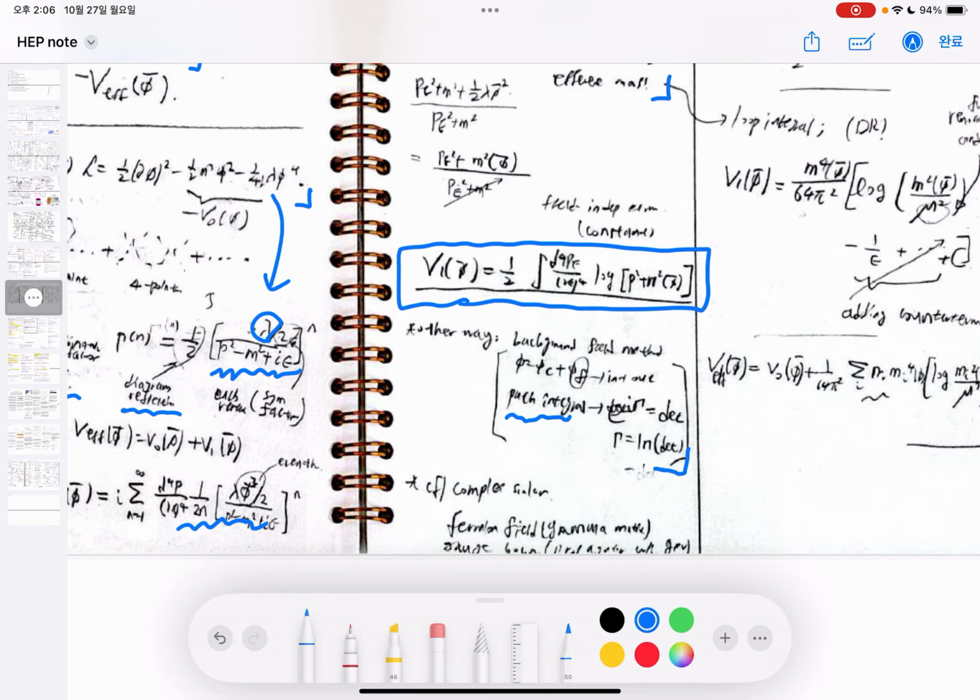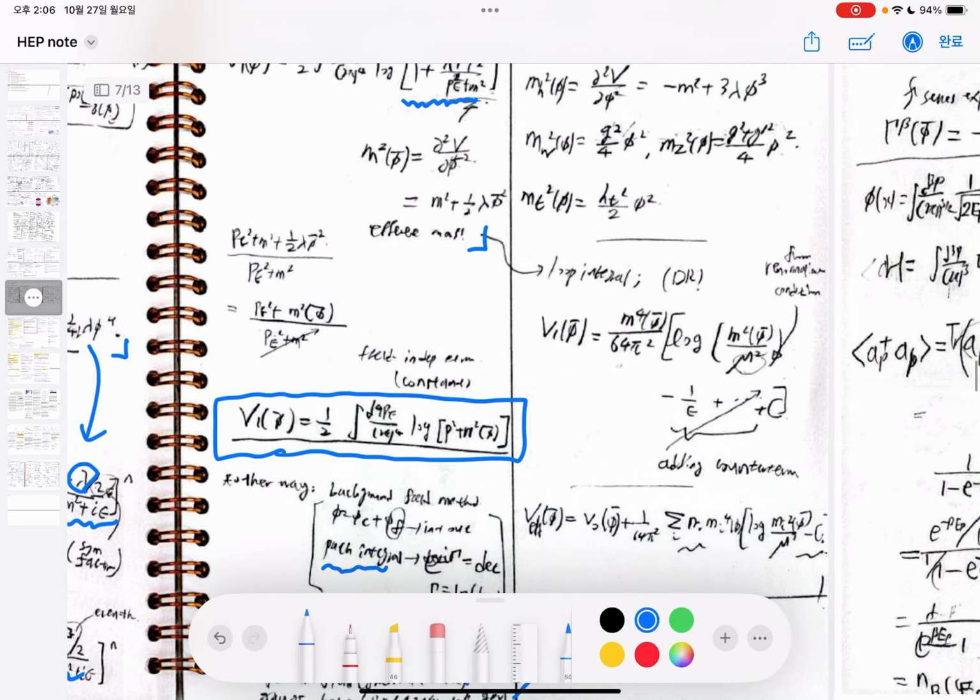Both can also be applied to the complex scalar, the spin 1/2 fermion field with gamma matrices, and the gauge boson, the spin 1 field, by considering the propagators with the matrix and the degrees of freedom.